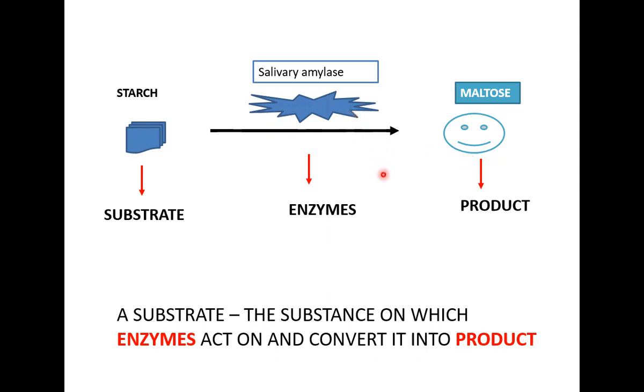This enzyme is to act on dopa and convert it into dopamine. So by nature, the enzyme dopa decarboxylase is to act on dopa alone to form a product called dopamine.